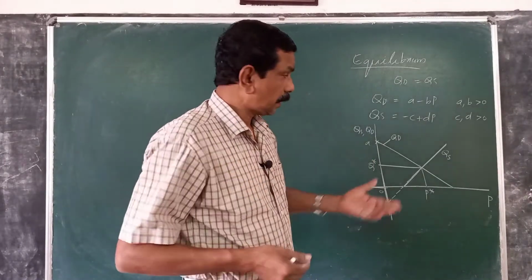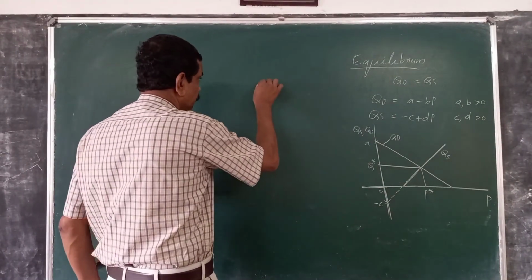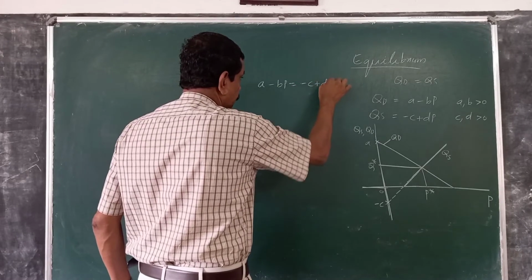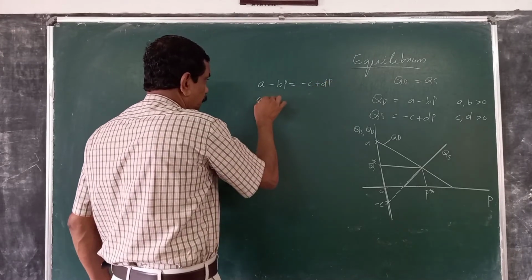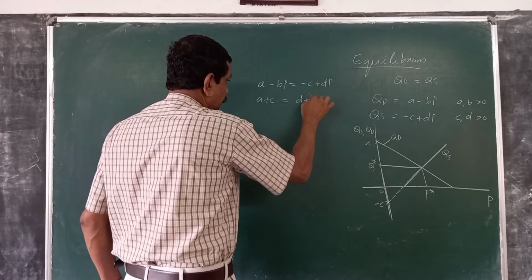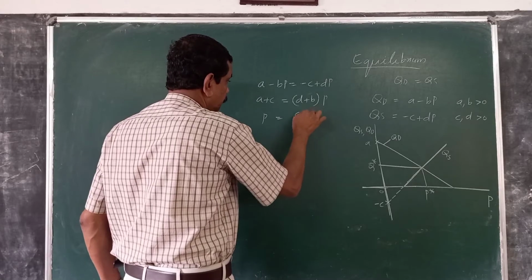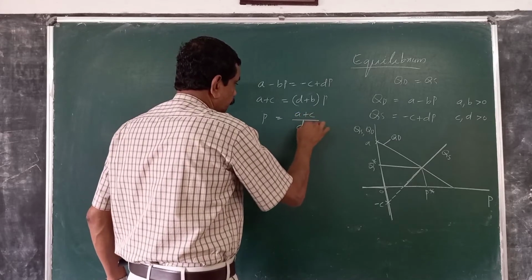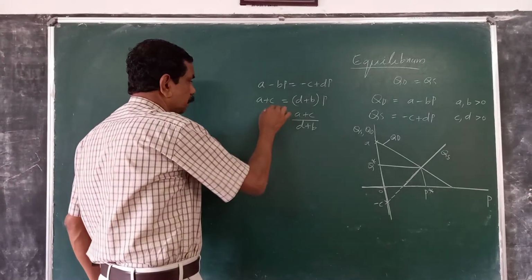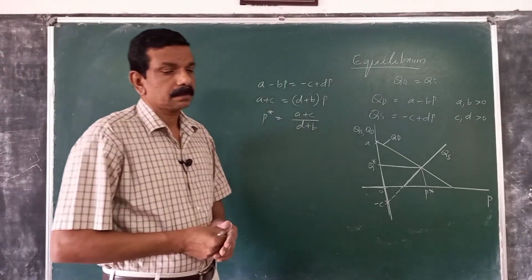Now, before giving another interpretation, let us equate demand to supply. A minus BP is equal to minus C plus DP, so that A plus C is equal to D plus B into P, or P is equal to A plus C by D plus B. So, this is the equilibrium price, P star, A plus C by D plus B.